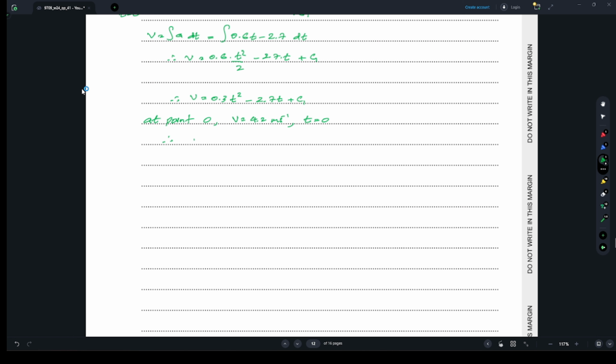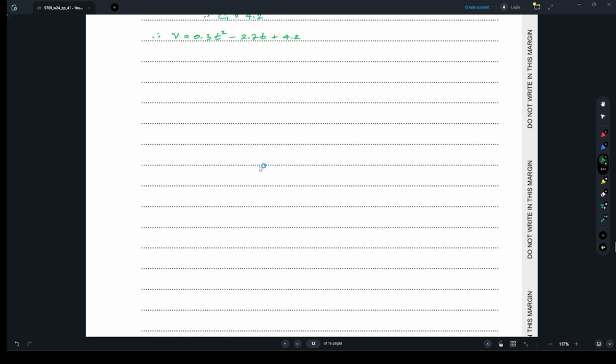Therefore 4.2 equals 0.3 times 0 minus 2.7 times 0 plus c1. Therefore c1 equals 4.2. With that, we can write the final equation for the velocity: 0.3 t square minus 2.7 t plus 4.2.